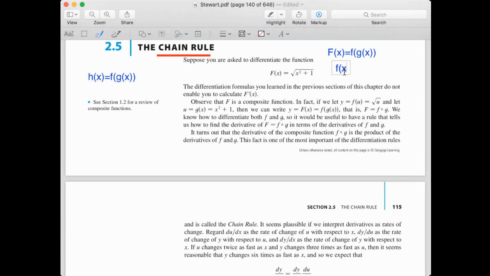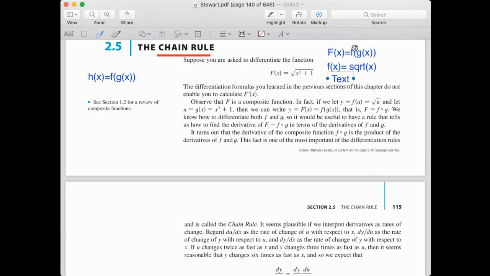So small f is the outside layer. What's the outside layer? It's a square root of x. So f just takes the input of x squared plus 1. So that means I see big F as little f takes g as the input.